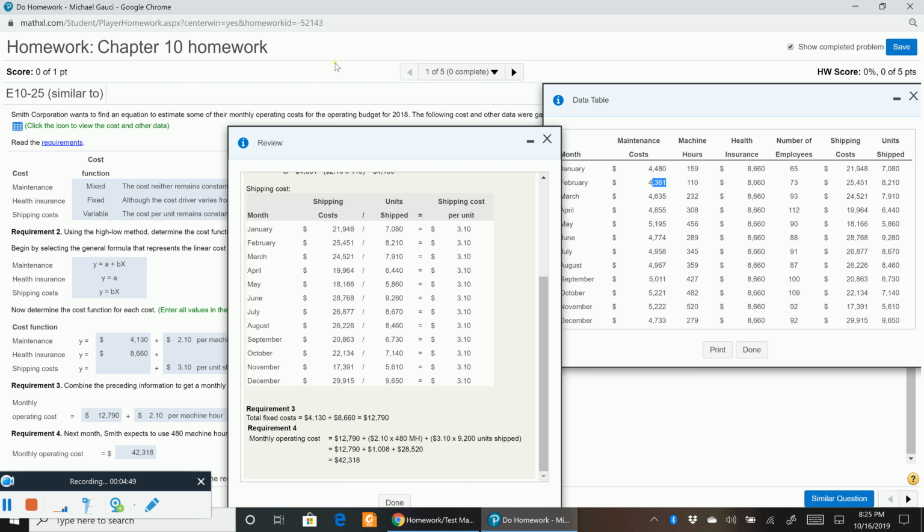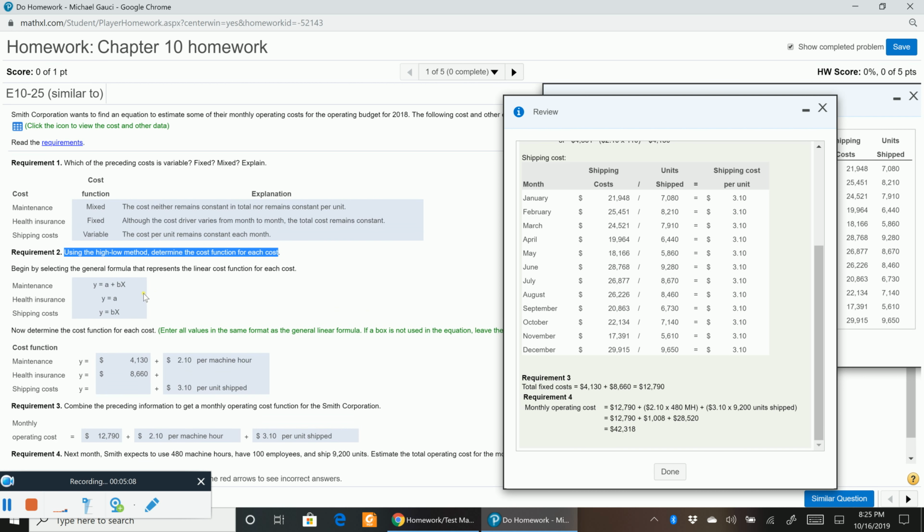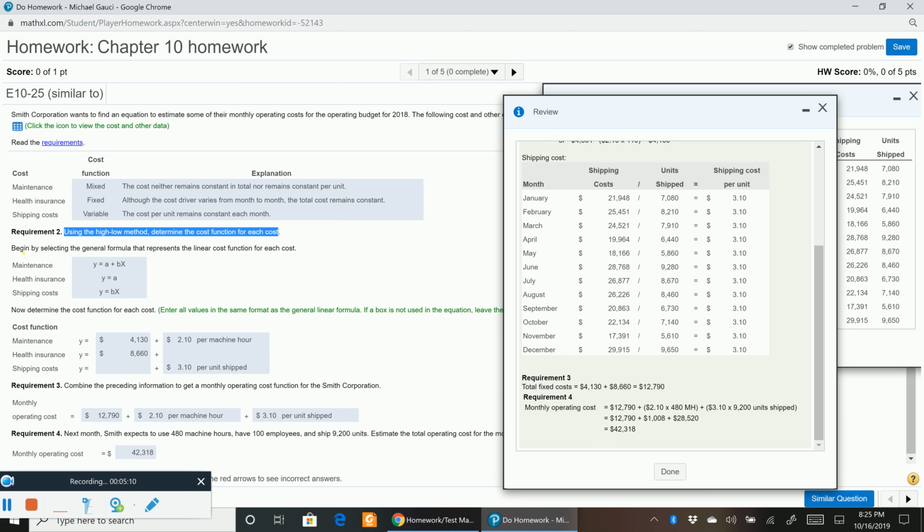The next part of the problem is asking to use the high-low method. We are going to actually figure out our fixed piece to the maintenance costs. Okay, before we do that, let's take a look at the cost formulas.